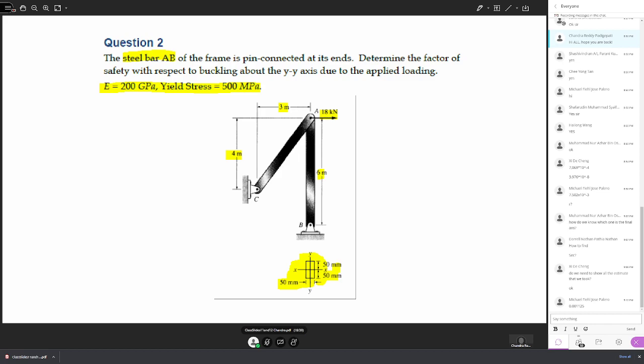The free body diagram you can see. This is the horizontal force acting on the system. Due to this, there will be a vertical force. You can see the vertical force is acting like this. And AC is connected with a link again, so the force AC will be like this.